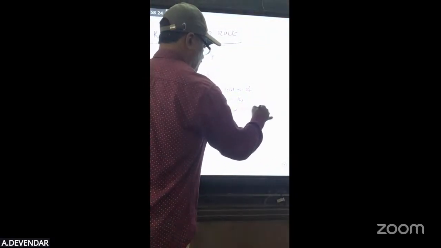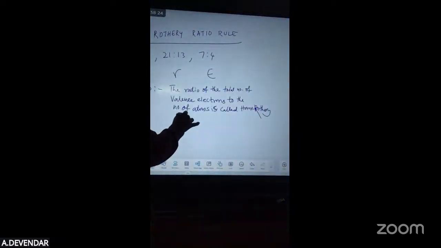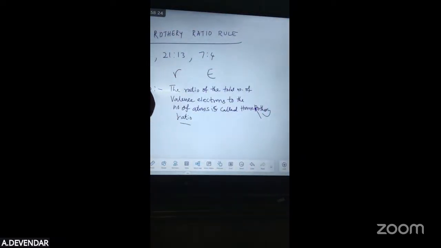This is the Hume-Rothery ratio. There is a beta phase, gamma phase, epsilon phase.